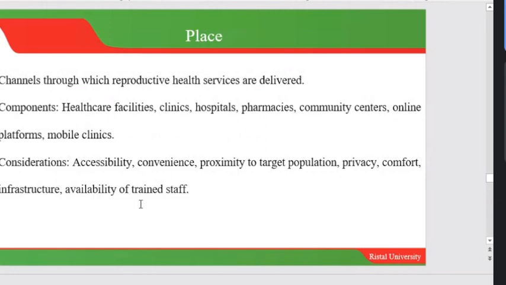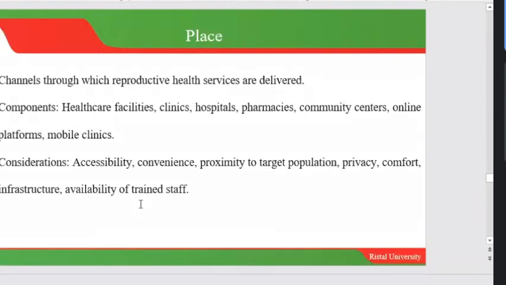So thirdly is what we call place, where reproductive health services are delivered. And in this case, we're looking at the health facilities, clinics, hospitals, pharmacies, the community centers, as the places where reproductive health services can be offered or delivered.